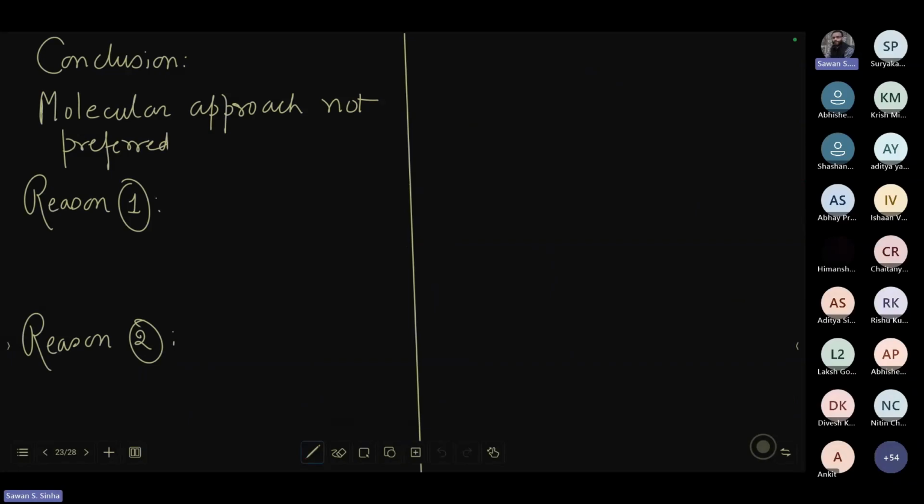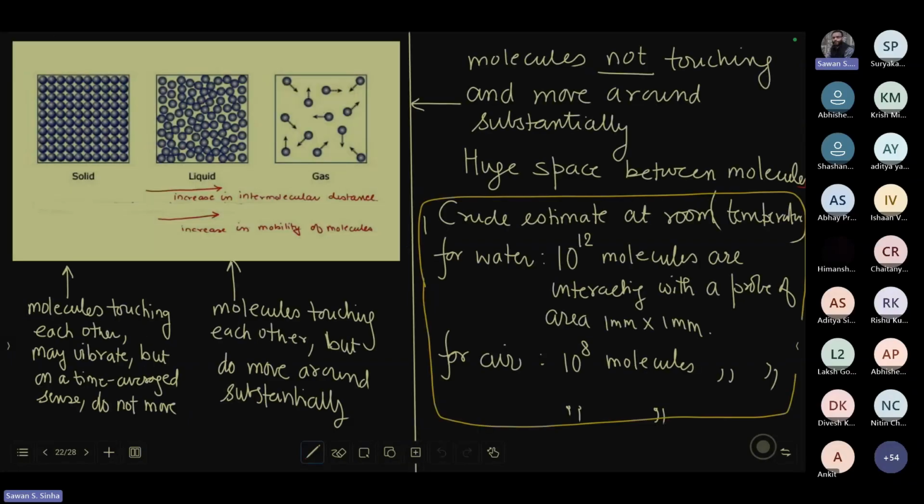I have left that part. But we can perform a crude estimate at room temperature. If the fluid is water, how many molecules of water interact with a probe of 1 mm by 1 mm size at a given instant? That crude estimate tells me that that number is 10 to the power 12 molecules. And if it is air, my crude estimate tells me that it is 10 to the power 8.